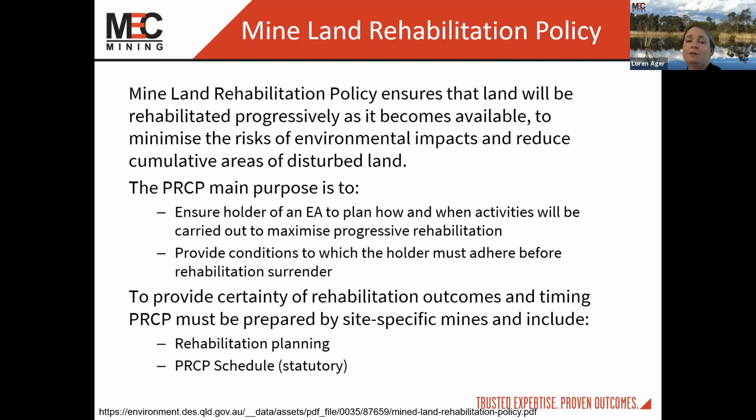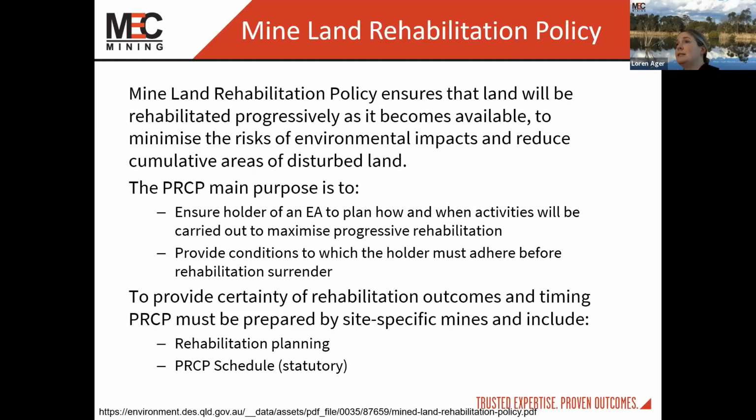To provide certainty of rehabilitation outcomes and timing, there are two main elements to this. There's the rehabilitation planning, and there's the PRCP schedule, which is the statutory part. There are potentially mining engineers in this room who have an understanding of what scheduling is. A lot of the information that comes out of your mine plan schedules now drives the statutory requirement in the PRCP.